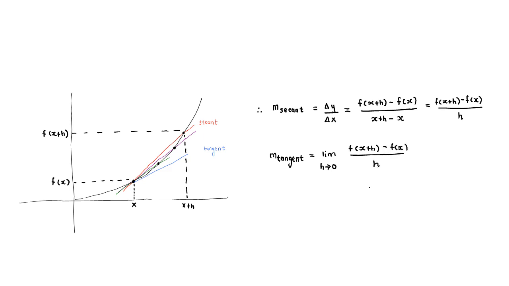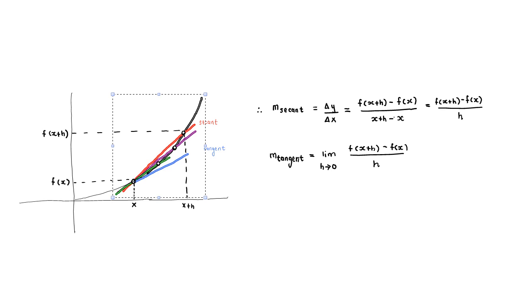Basically all you need to remember is that we are taking secant lines getting closer and closer to our point of interest x, and as those secant lines get closer and closer, they will eventually become a tangent line at your point of interest x, and that will give you the gradient of that tangent line. This is what we're going to use to calculate the gradient at a point.